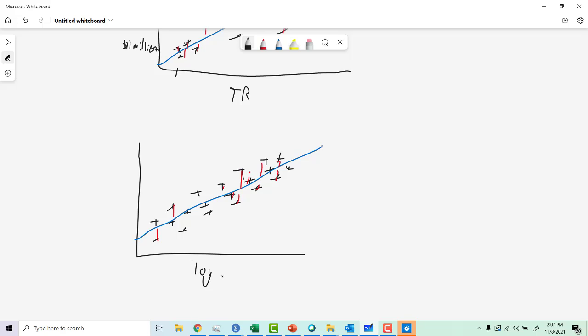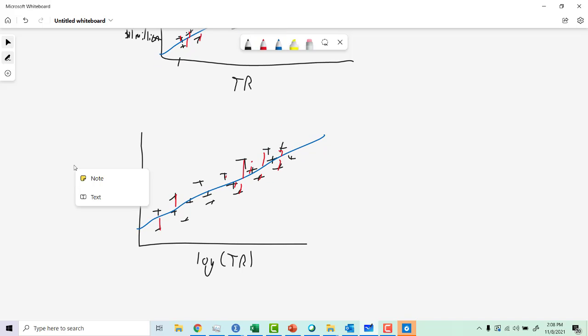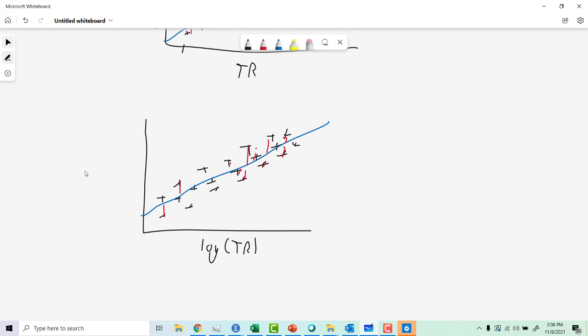So what we quite often do is fit both of these variables on a log scale. We'll have a log tweet rate, and we'll have log revenue. And that will often solve the problem. But we'll talk more about that when we do the practical implementation of this stuff.